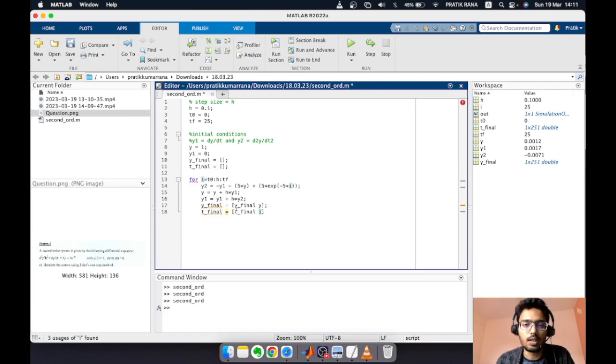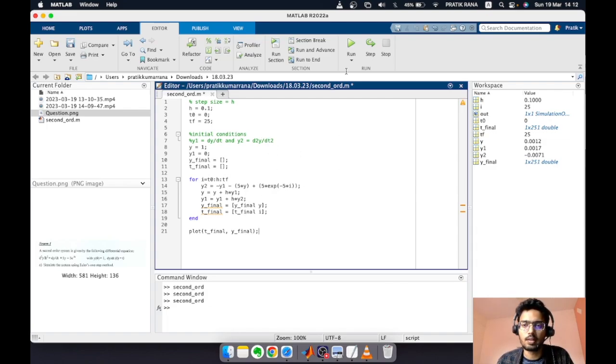So at each iteration, the value of this particular I, or the step value, will be stored in t final, which will help us later to plot it. Here we end our iterative algorithm, and then we can have a plot. On our x-axis we have t final, whereas on y-axis we have y final. So this is the plot that we'll obtain.